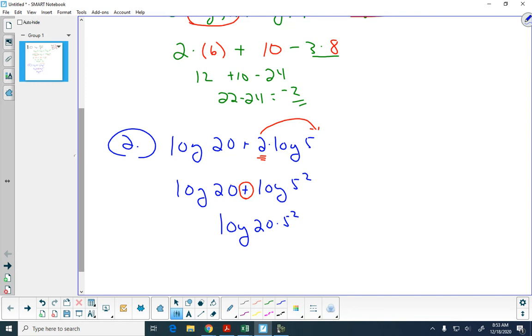Well, if I multiply 25 times 20 and multiply them together, I get a value of 500. I think I may have messed this up on solutions. Where we have the log of 500.